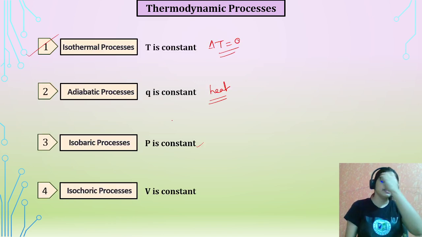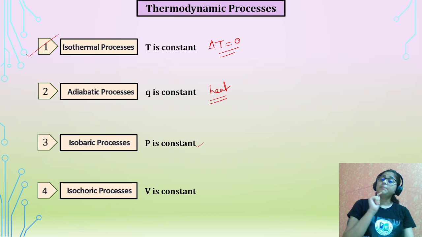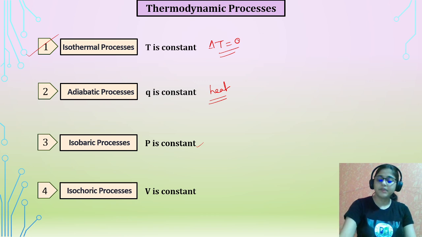This kind of process you should remember, because in the questions itself, and for the derivation part also. So if somewhere it is written that it is an isobaric process, you have to understand that P will not be changed.